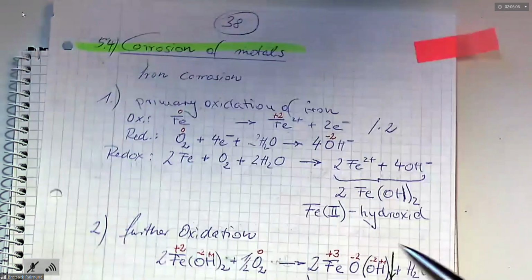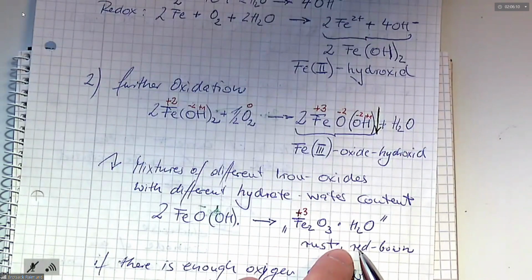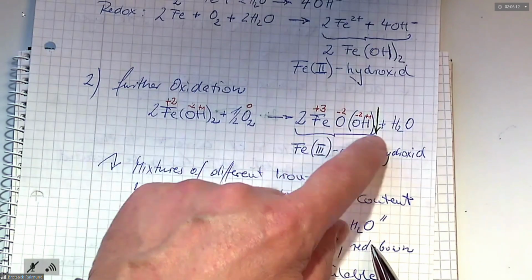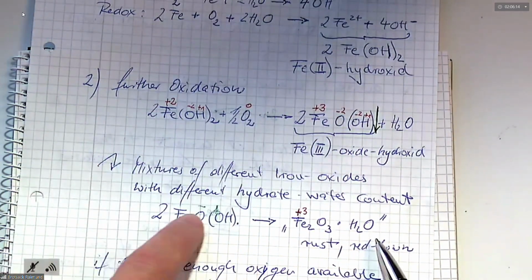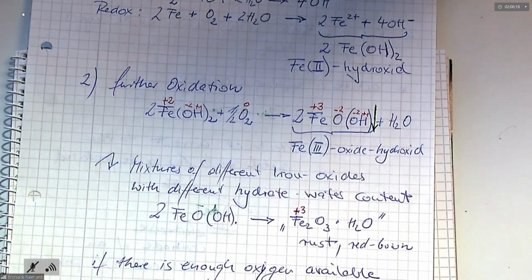Well, I think the main one helps if you know even the first step, the formation of the hydroxide, and then go to the main one, right? You don't have to know the intermediate one here. You can come from the hydroxide directly to the rust, because this is just an intermediate and rearranging to that red-brown rust.